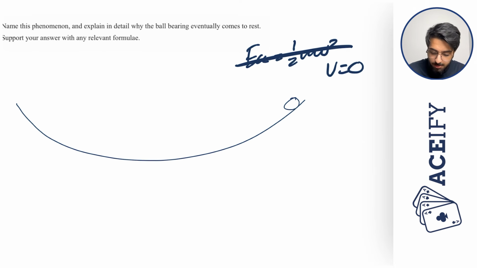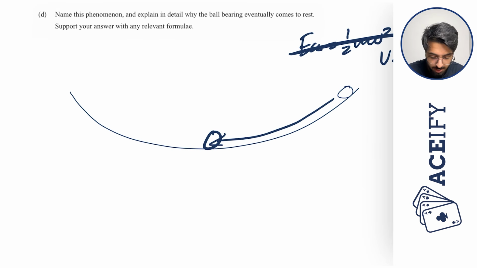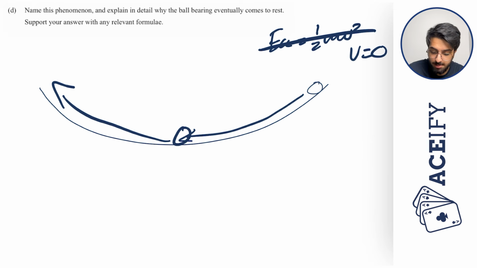And then as it comes down, it converts that gravitational potential energy into kinetic energy. And at this point, it has the least gravitational potential energy and the most EK. And then it comes up here and the cycle repeats. However, because this is real life, this process is not 100% efficient. We lose energy to things like friction. And so therefore, as the ball comes down, not all the gravitational potential energy is converted into EK.